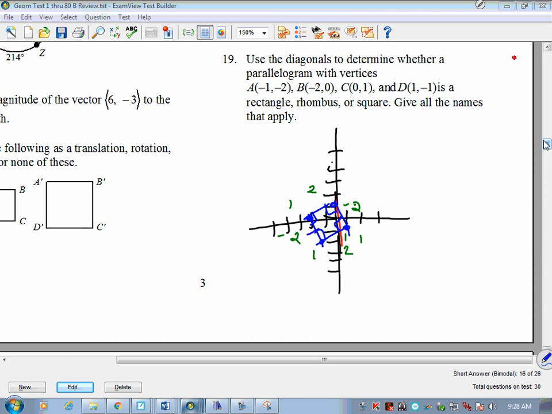For sake of time, I'm not going through and doing the Pythagorean theorem for you all those times, but that's what you need to show me. Show me that those 4 sides have the same length. Show me that you have 2 sides that have the same slope and 2 sides that have opposite reciprocal slopes. That's going to give me 4 right angles.